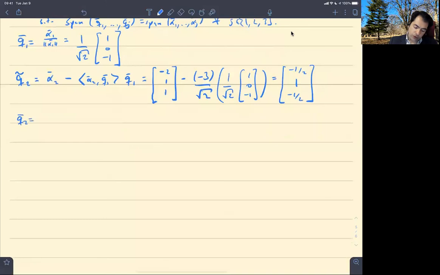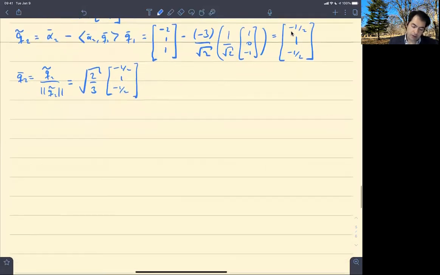Then Q2 is going to be Q2 tilde divided by the length of Q2 tilde. And so that gives us square root of 2/3 times minus 1/2, 1, minus 1/2.